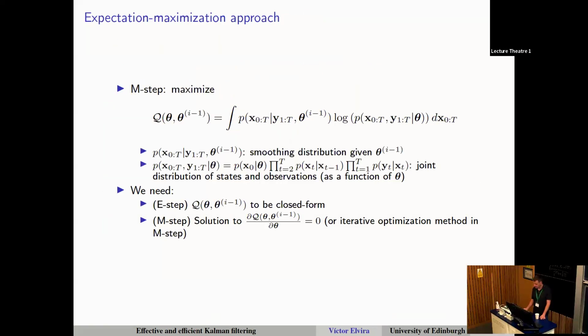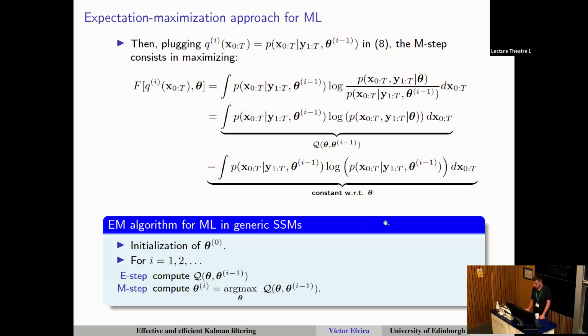I think we have a bit less than 15 minutes, so I will try not to present everything, but we're arriving at the end of the most essential part of this slide. We were here. We are already happy computing this function Q, and then in the M step finding the maximizer of the function.